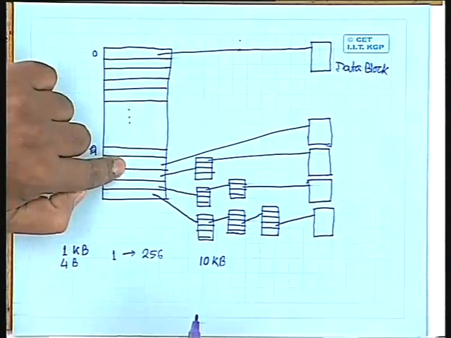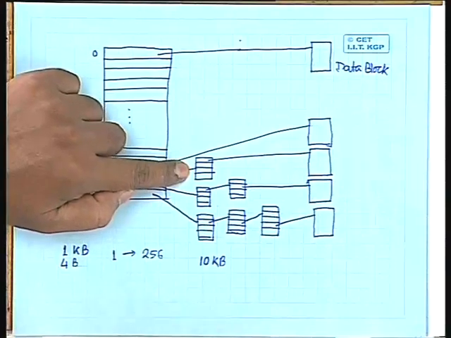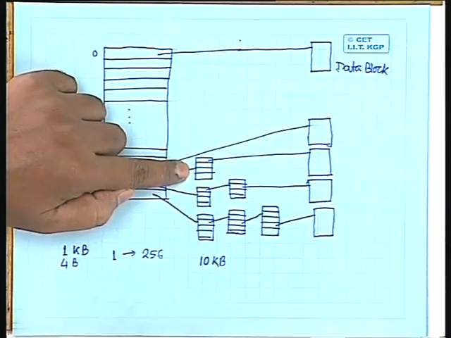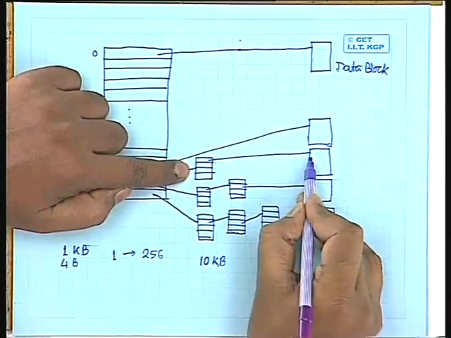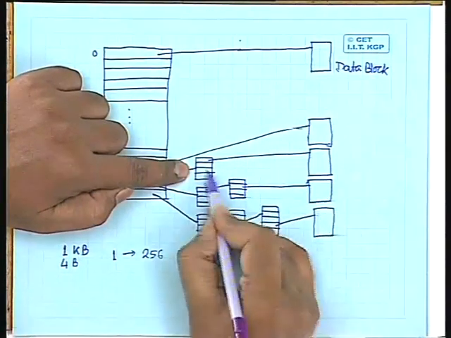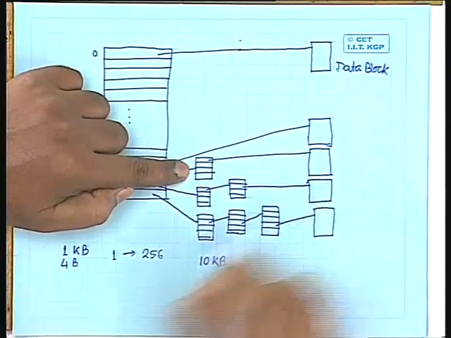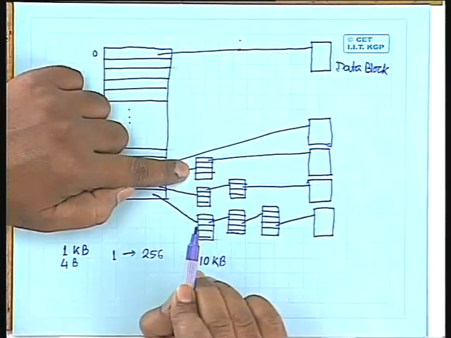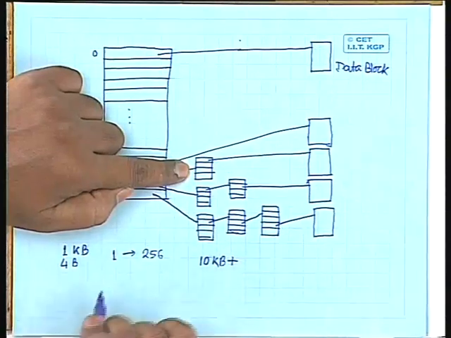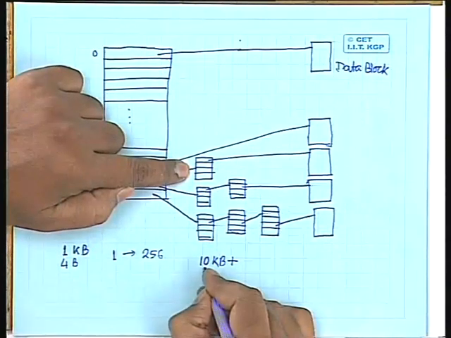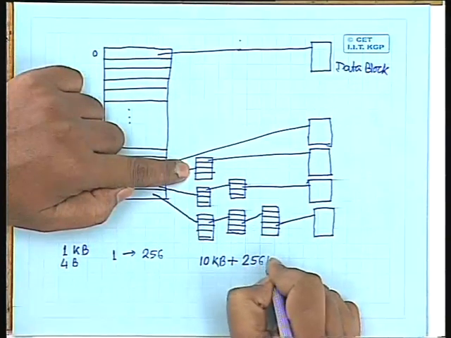Using the single indirect pointer, I come to a block which contains 256 block numbers, and these entries point to blocks which contain the file data. That means using these 256 entries, I can access 256 kilobytes of file data. So using the direct pointers plus the single indirect pointer, I can access 10 kilobytes plus 256 kilobytes of file data.